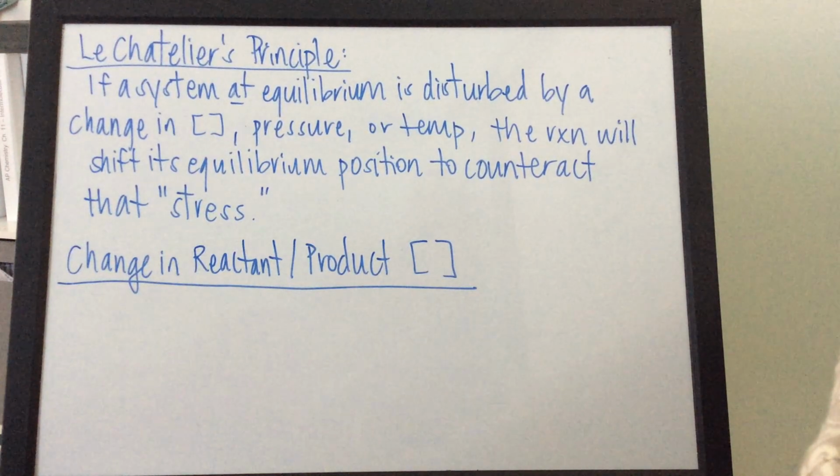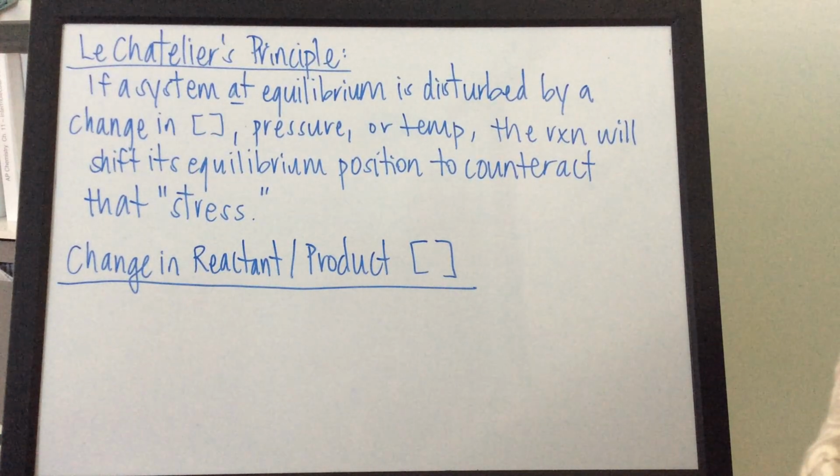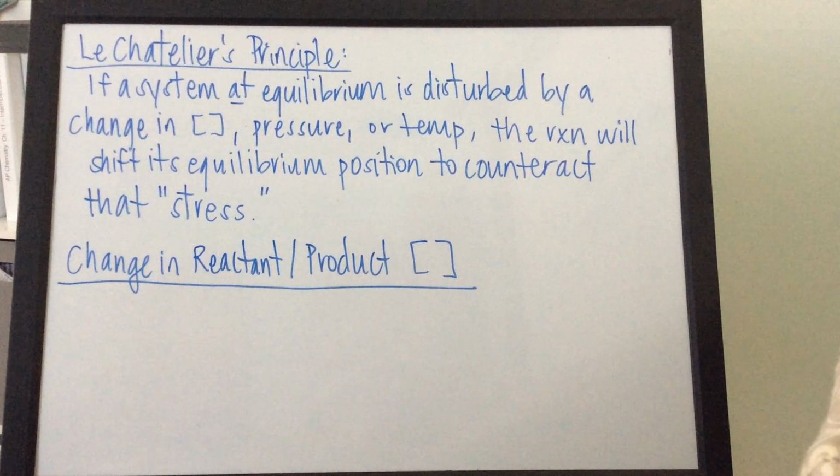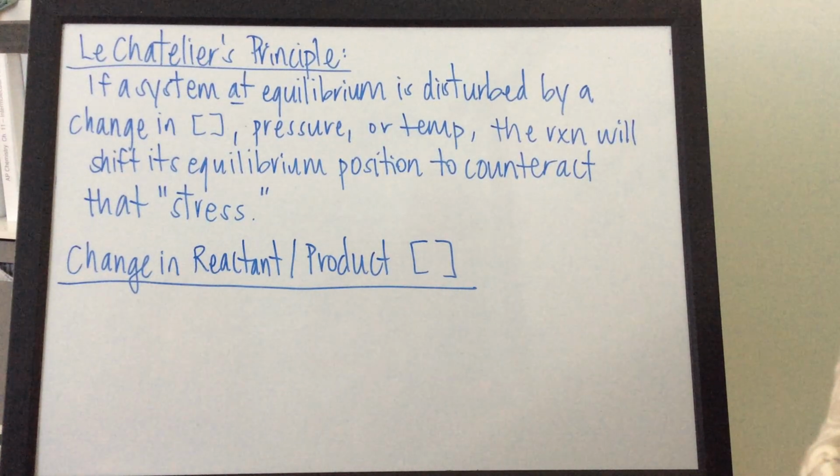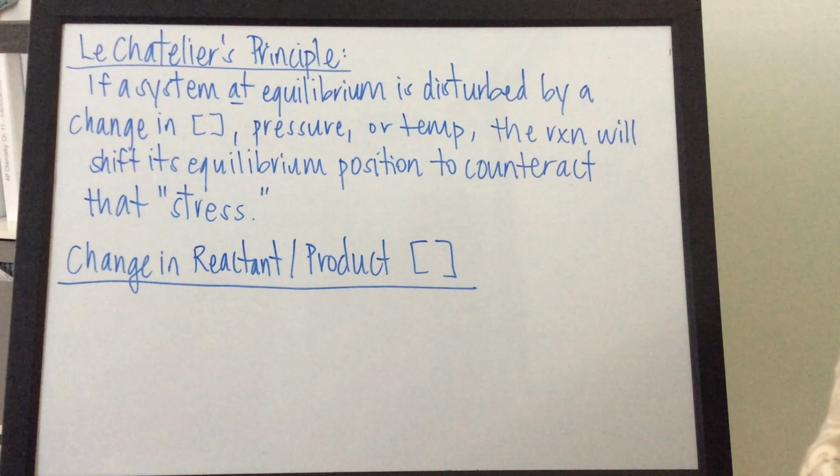If we have a system at equilibrium, so all components are present, and it is somehow disturbed, and we're going to talk about three main ways we can disturb it: a change in the concentration of a reactant or product, a change in the pressure if it's a gas reaction, or a change in the temperature at which the reaction is occurring. Then that reaction is going to shift its equilibrium position to counteract that stress.